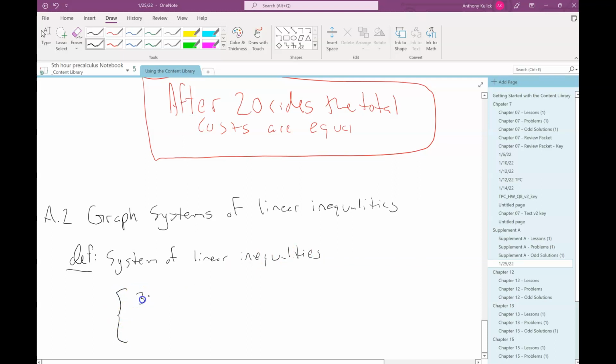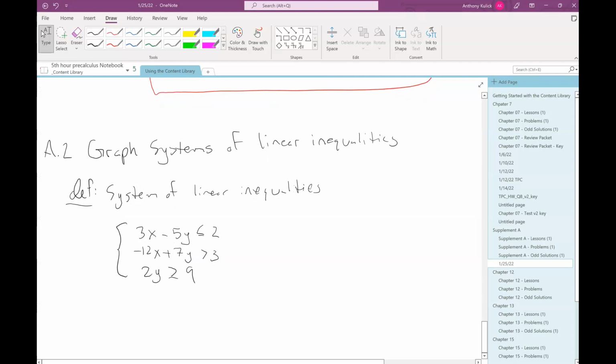We could have 2 or 3 or 10. It doesn't really matter. But the key thing here is that we're making sure that these inequalities are linear.